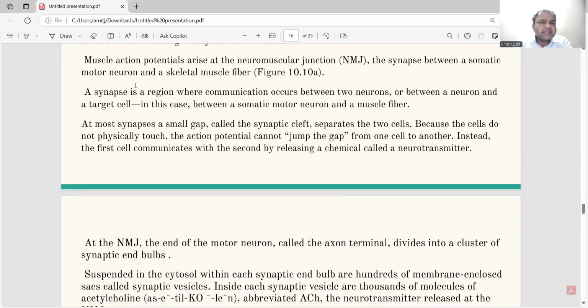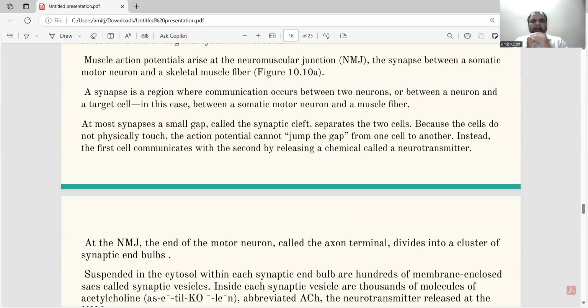So what is a synapse? A synapse is a region where communication takes place between two neurons, or between a neuron and a muscle, or between a neuron and a target cell. In this case, it is the synapse between the somatic motor neuron and a muscle fiber. At most synapses, a small gap called the synaptic cleft separates the two cells.